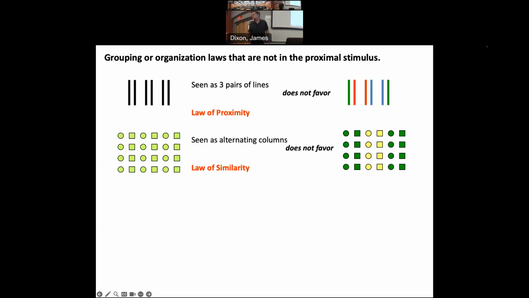So this is sometimes called the law of similarity. Why similarity? Well, the things that are similar are put together. That similarity forces you into columns rather than rows or rather than groups of columns.